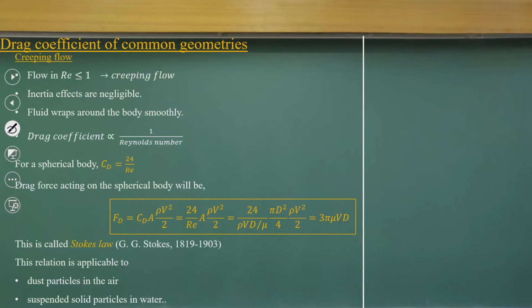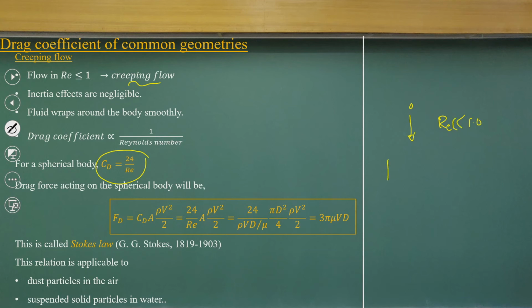Coming back to creeping flow, it is a very simple thing. When the Reynolds number is small, CD is equal to 24 by Reynolds number. That means when you have dust particles and not much wind flow, the Reynolds number will be much less than 1 or close to 1.